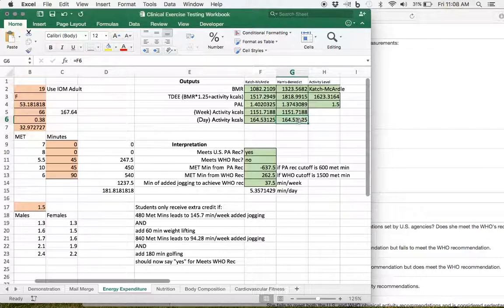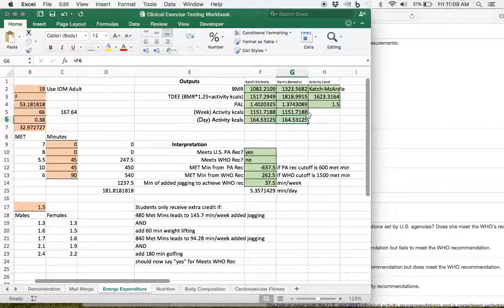So from here we can compute the total daily energy expenditure from this equation up here, where we're taking her BMR, multiplying it by 1.25, and then adding on her calories from exercise, which of course in this case is G6, activity calories per day.